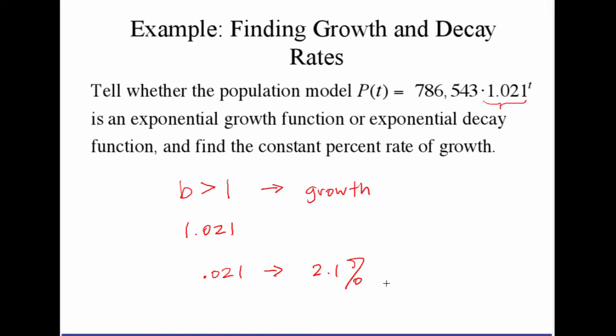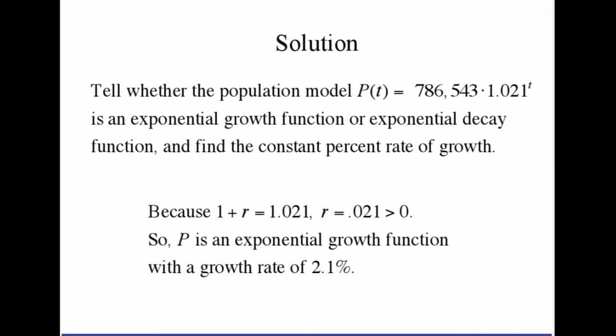Anytime you want to calculate how much something has grown, and you know the growth rate, in this case 2.1%, you would multiply by the factor of 1.021. Here's a slightly different explanation. Tell whether the given function P is an exponential growth or decay, because 1 plus R equals 1.021.